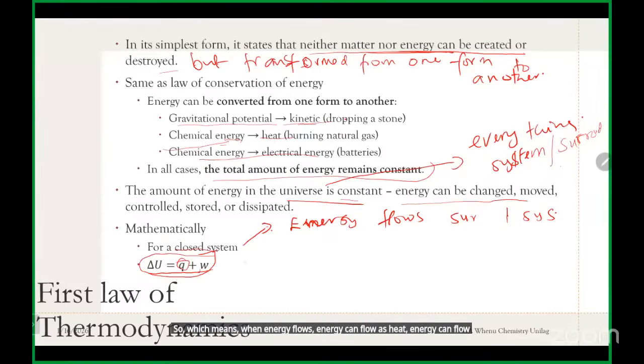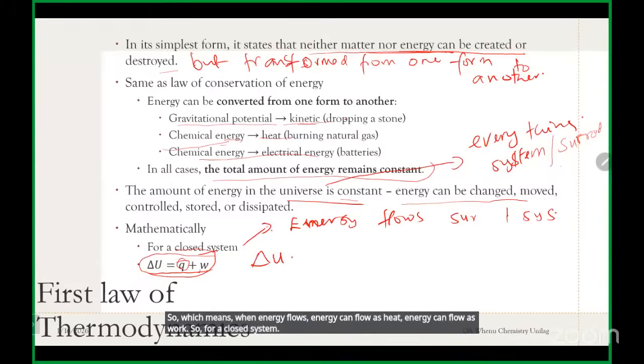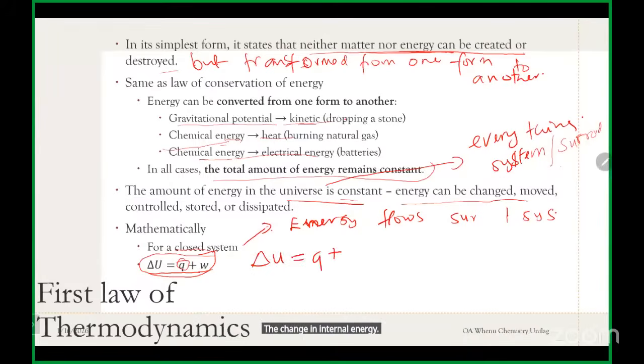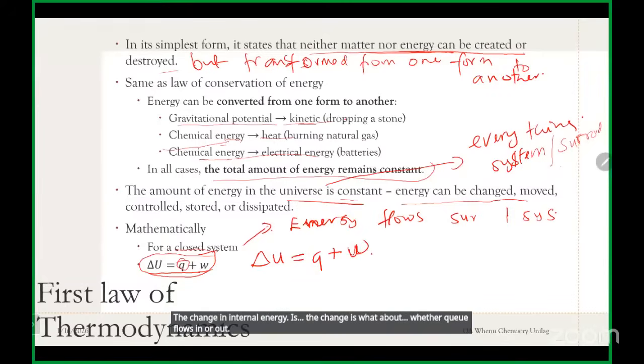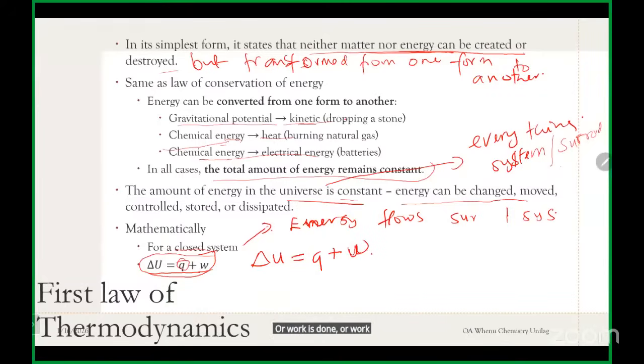The change in internal energy depends on whether Q flows in or out, or work is done on or by the system. Simply put, delta U equals Q plus W, where Q is heat and W is work. Emphasis on the words: for a closed system.